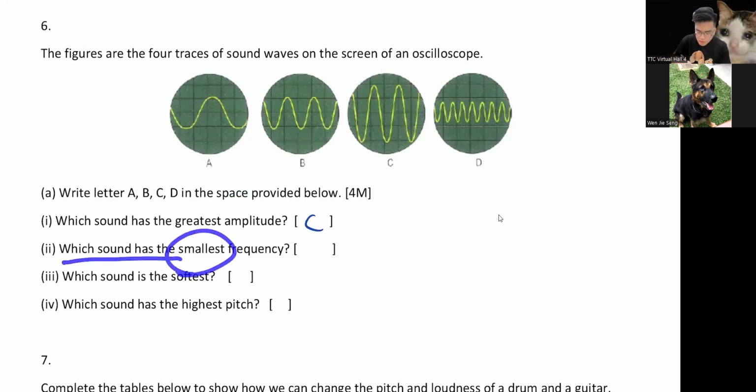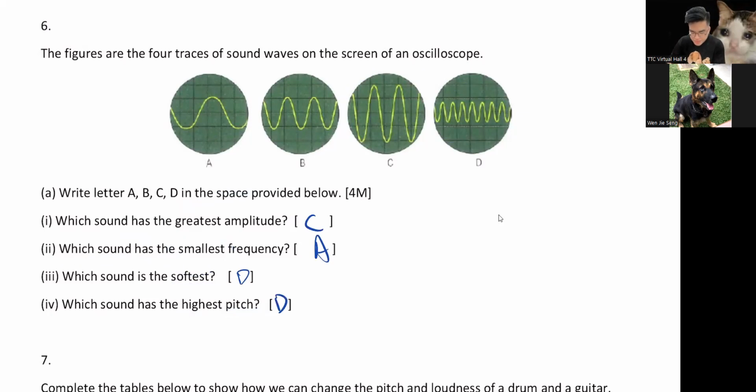Which sound has the smallest frequency? Smallest frequency means the furthest away. That would be your A. Frequency means very close, so smallest frequency means they're very far. Which sound is the softest? Softest means smallest amplitude. That would be your D. And then highest pitch means the highest frequency, which would be D as well.